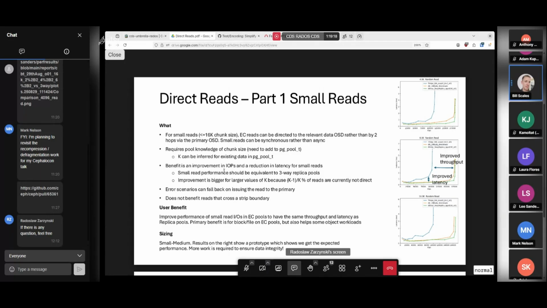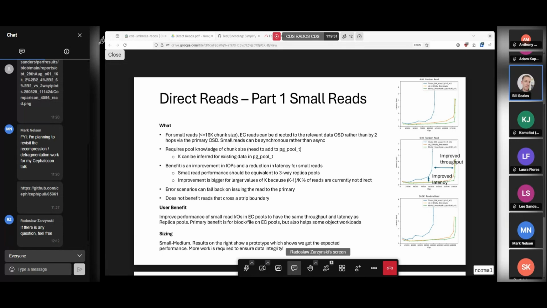The impact of this is that we improve the performance of EC small reads to be exactly the same, or as close as you can measure, to replica 3 performance. So, quite a big improvement in throughput, also a nice reduction in latency as well, caused by not having to forward the request through the primary. So that's the small reads.